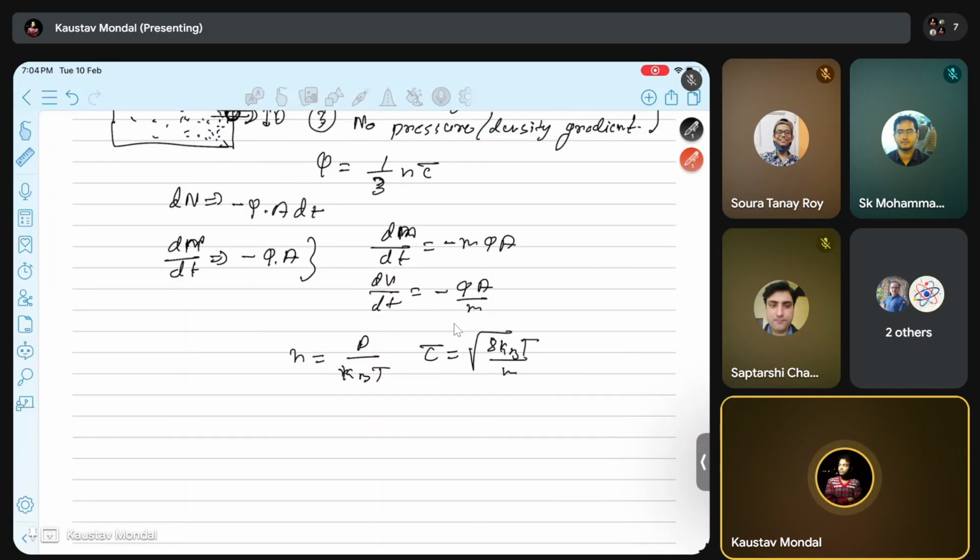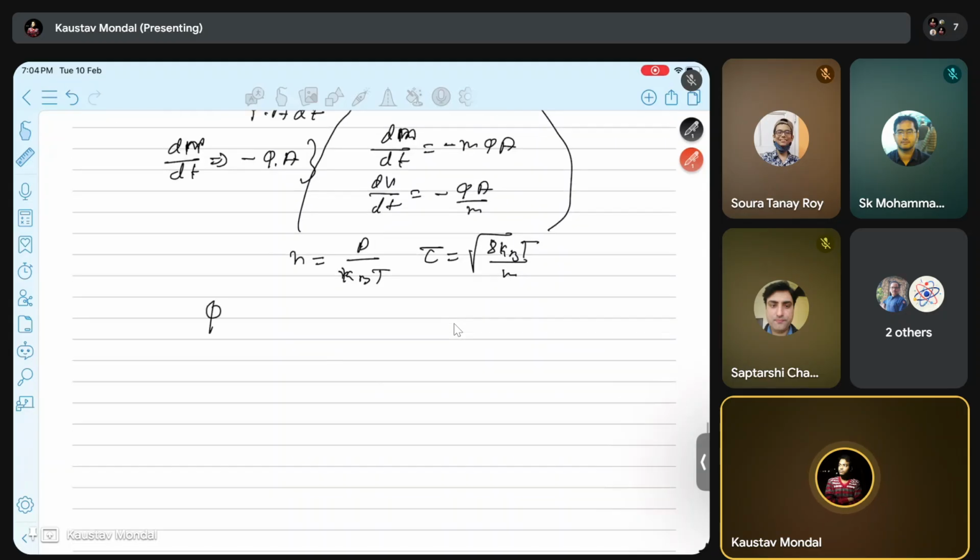So you can substitute the expressions of n and c bar here. By doing that, you get phi equal to 1 by 4 p by kBT into root of 8 kBT by pi m. This gives you phi equal to P by root of 2 pi m kBT, or P into Na by root of 2 pi M R T. Okay, so this is the expression of phi.